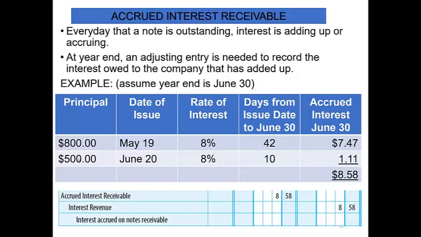On the $500 note, it is dated June 20th. So interest has added up from June 20th to June 30th, and that's 10 days. So 500 at 8% times 10 divided by 360 is $1.11. So at year end, we will perform an adjusting entry, debiting accrued interest receivable for $8.58 and crediting interest revenue for $8.58.